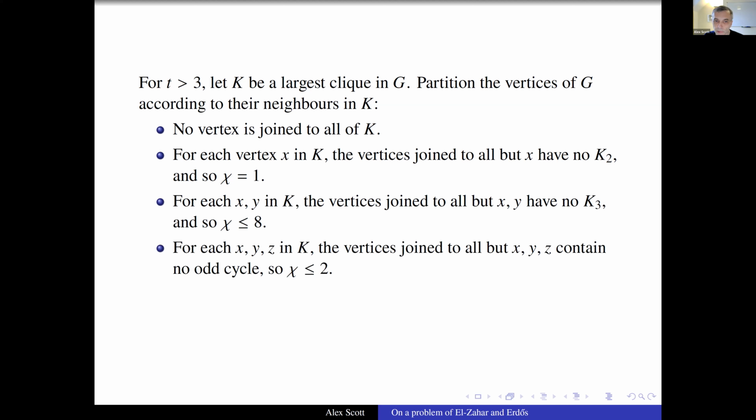And then if you take any triple X, Y, Z in your clique, so that forms a triangle, that's an odd cycle. So the vertices that miss that don't contain an odd cycle, so a chromatic number at most 2. Okay, so summing over all the different choices gives you a bound of order t cubed on the chromatic number. Okay, so that works out nicely.